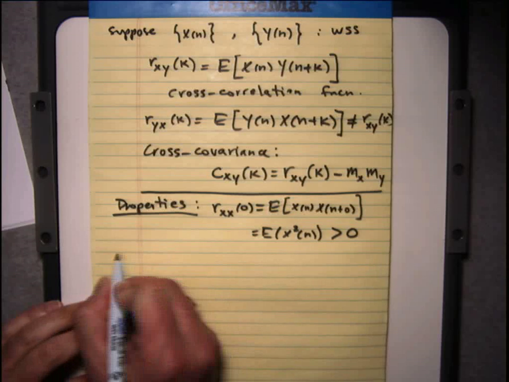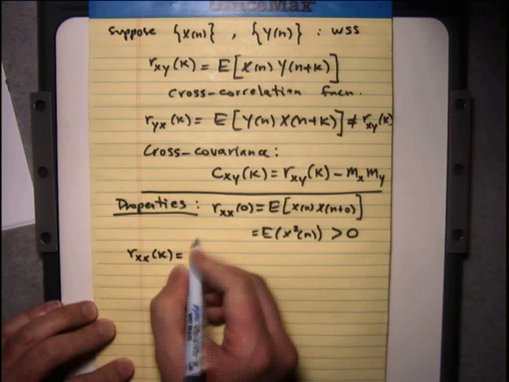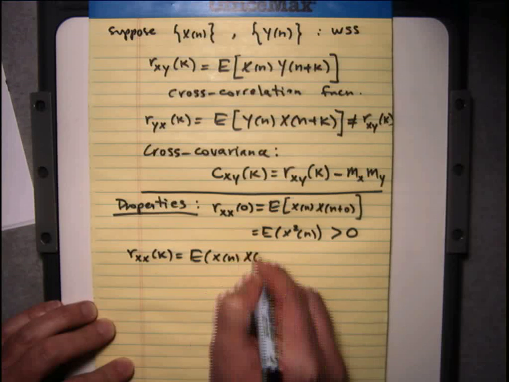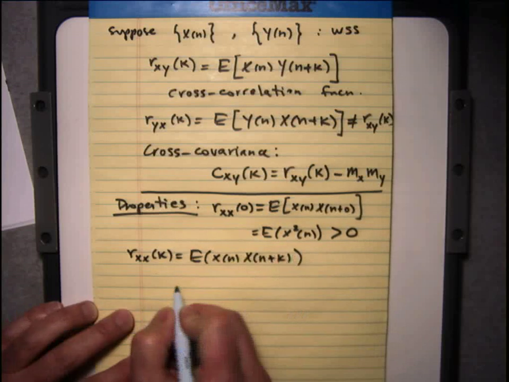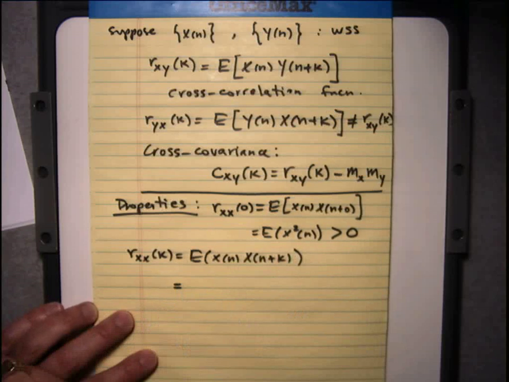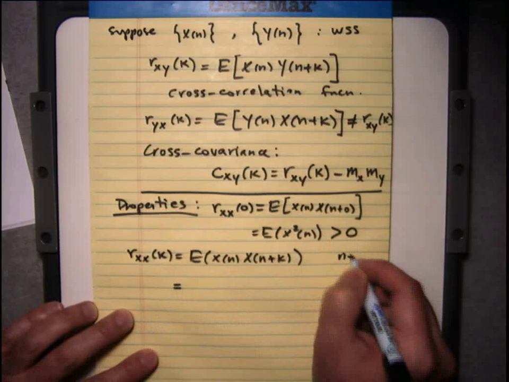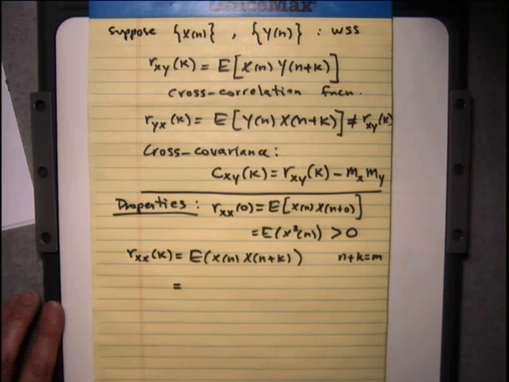Another property, Rxx of k, remember this is an expected value of x of n times x of n plus k. Okay? And let's rewrite this. Let's make a change of variables. Let's call n plus k, let's call it m. We're just doing a change of variables.